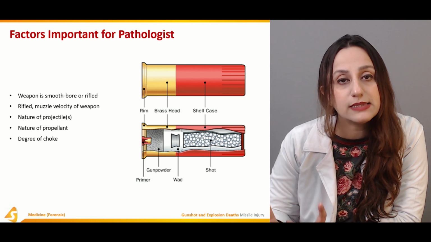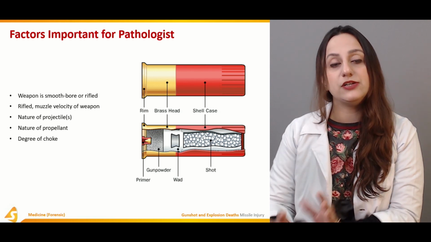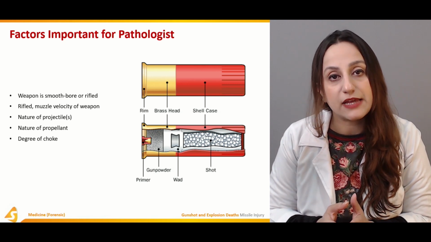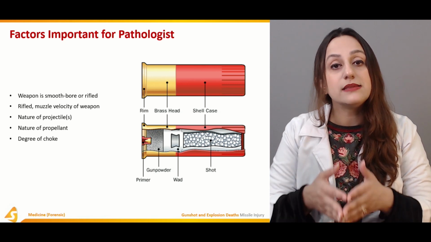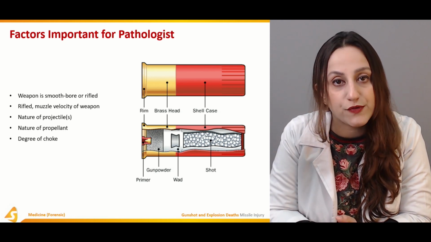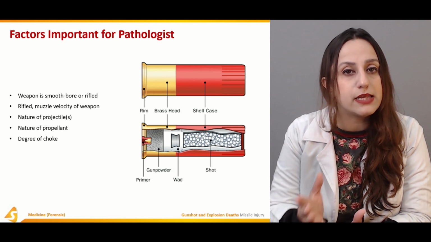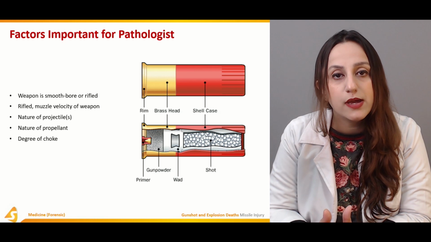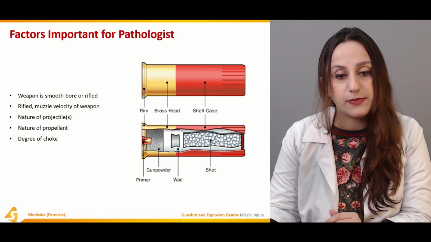When we are discussing the weapons in detail, the firearms are sometimes choked. The choking of the gun is again very important. The barrel is narrowed toward its end, and this narrowing is known as the choking of the gun. There are a lot of types of chokes, such as a full choke and a partial choke, and that has to be documented by the pathologist.